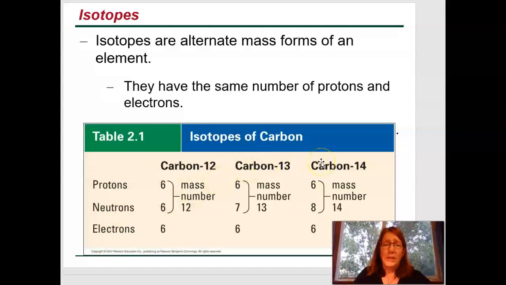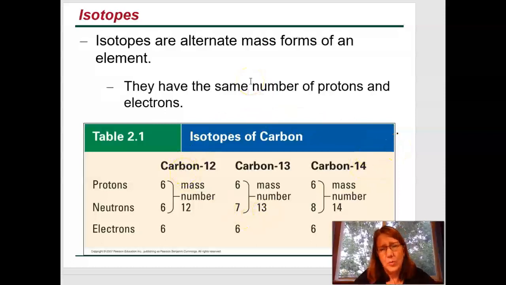In carbon 14, which we will talk about in a few slides, we actually have 2 extra neutrons. So these tend to be less stable, and occasionally carbon 14, we're going to talk about this in a bit, breaks down into carbon 12.